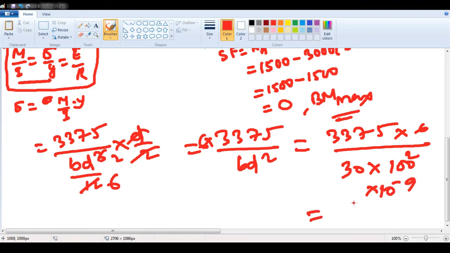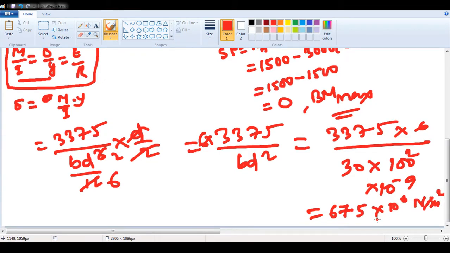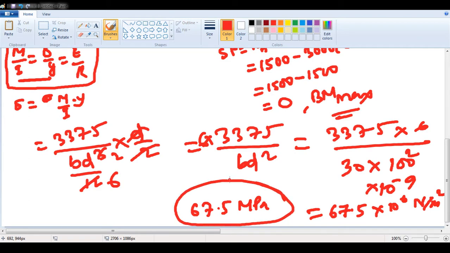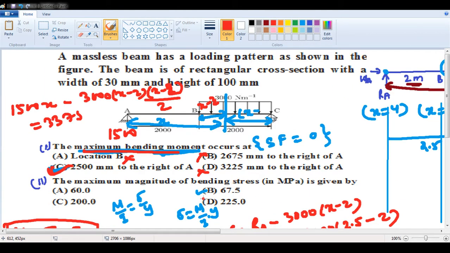So finally we come across 67.5 into 10 to the power 6 Newton per meter square, that is 67.5 megapascal. And here we have only one option, that is 67.5, option B, right? I hope this is clear to all.